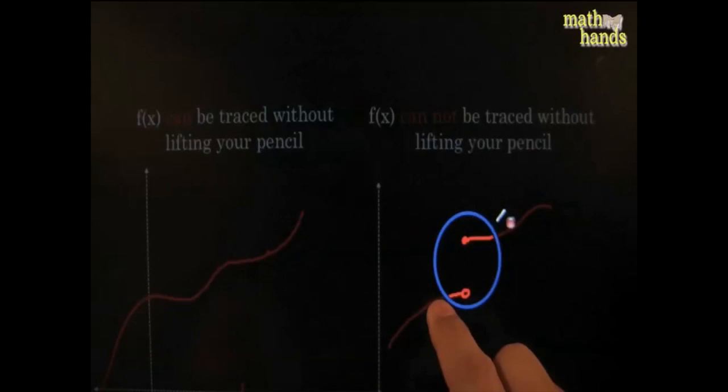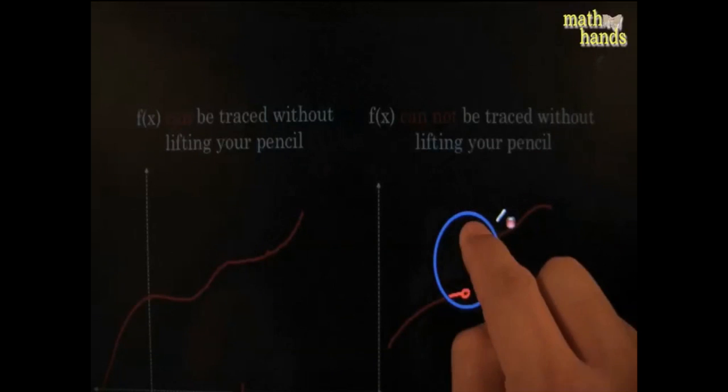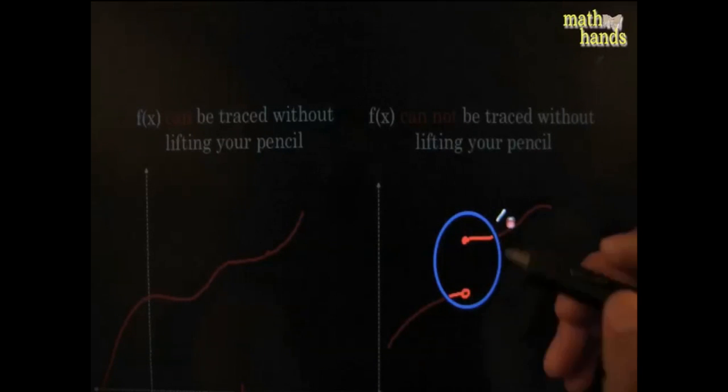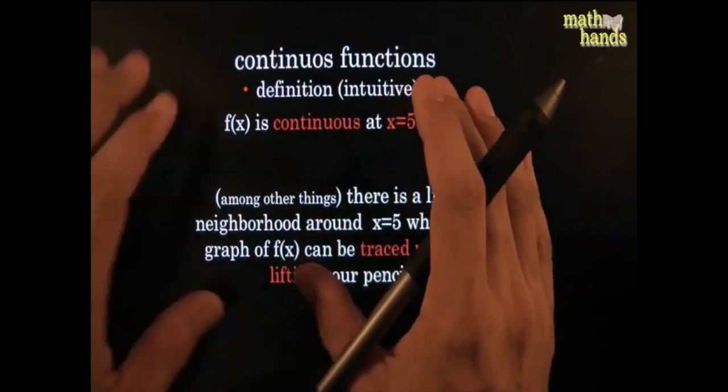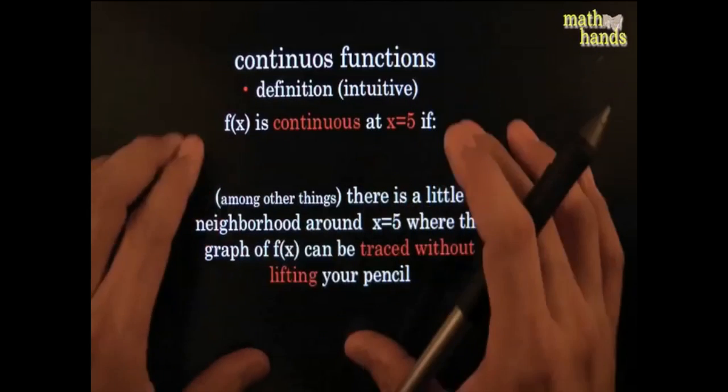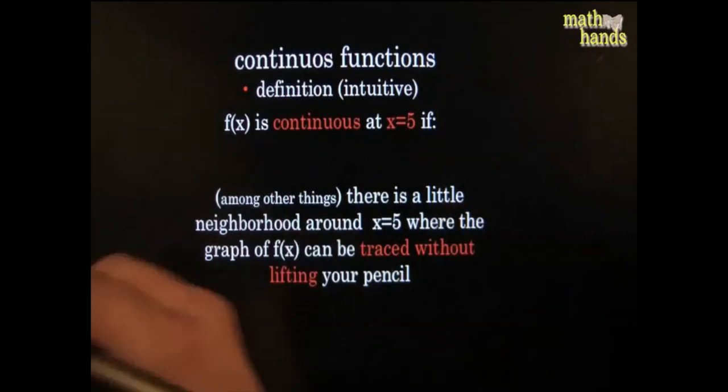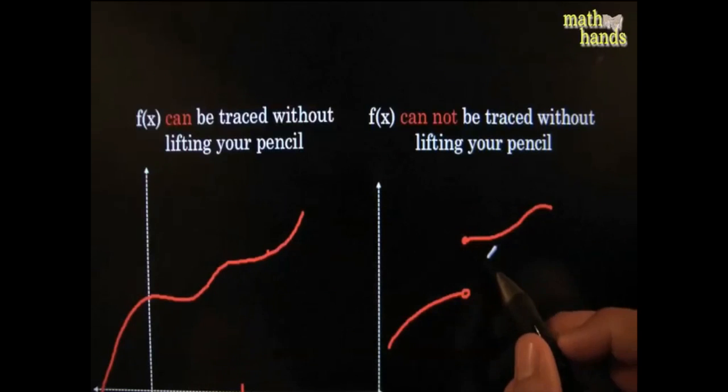You can't do it. That's not something we want when we want our functions to be continuous. So among other things, when the function is continuous, you can trace it without lifting your pencil.